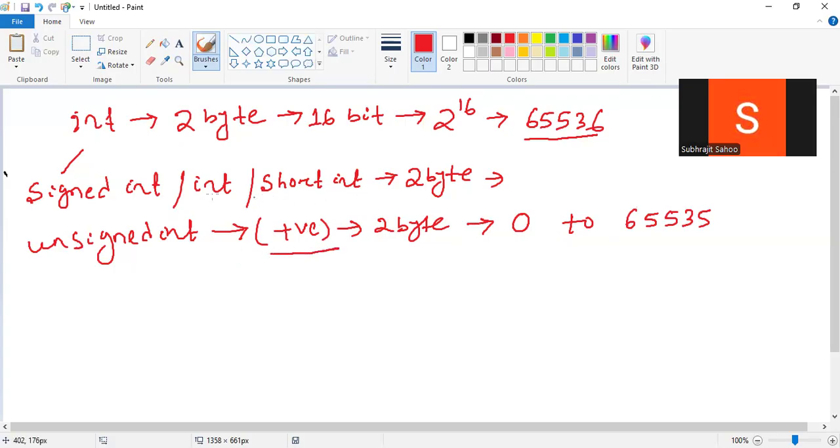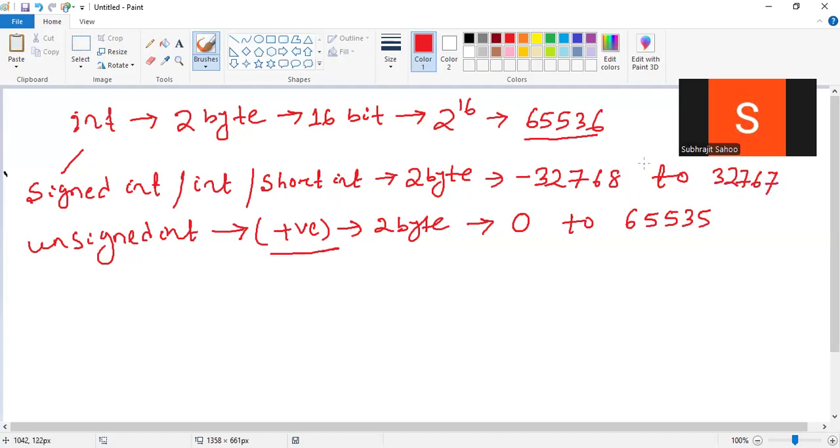Unsigned means only positive. In the same way, signed integer or integer or short integer, here both positive as well as negative we can store. So divide by 2, the range will come minus 32,768 to 32,767.